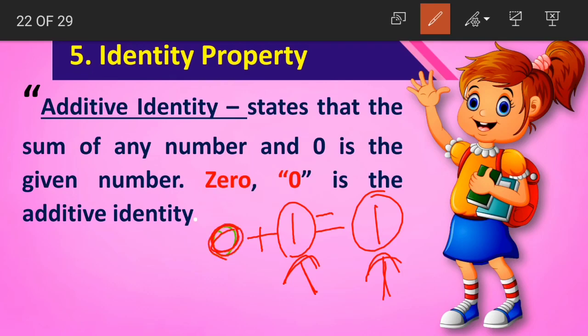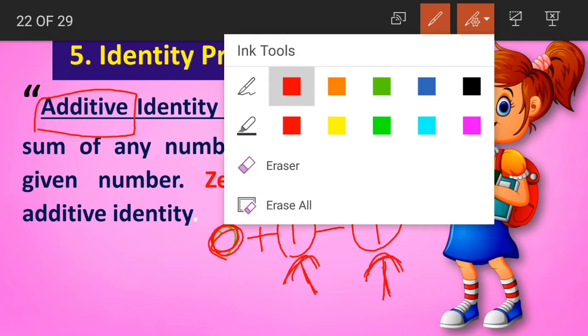So 0 is called as the additive identity. Because when we add 0 to a given number, its identity will not change and it will give us the same number back.